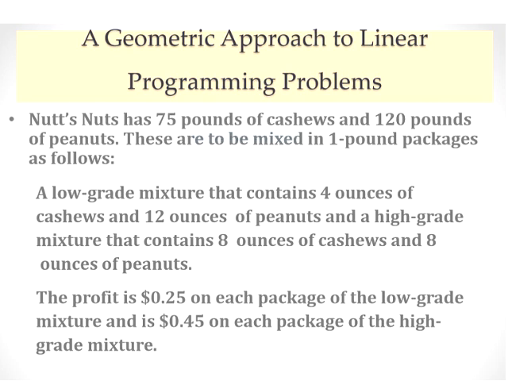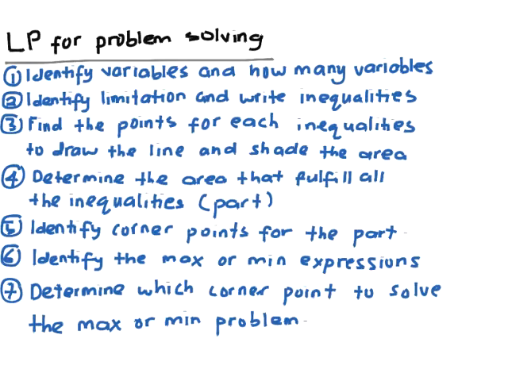A low-grade mixture that contains 4 ounces of cashews and 12 ounces of peanuts, and a high-grade mixture that contains 8 ounces of cashews and 8 ounces of peanuts. The profit is 25 cents on each package of the low-grade mixture and 45 cents on each package of the high-grade mixture.